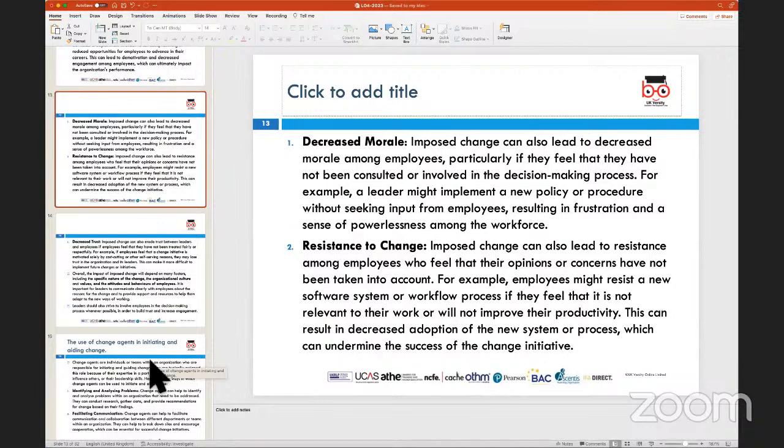And last but not the least, the changes being introduced are not consulted with the employees before they are done within the organization.